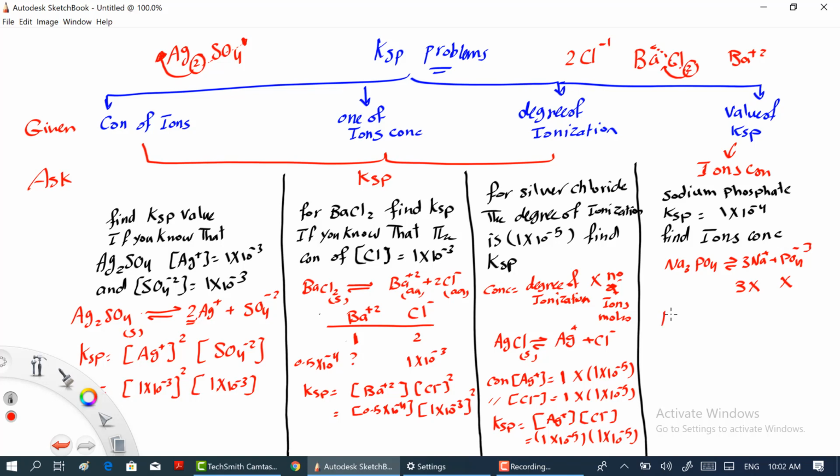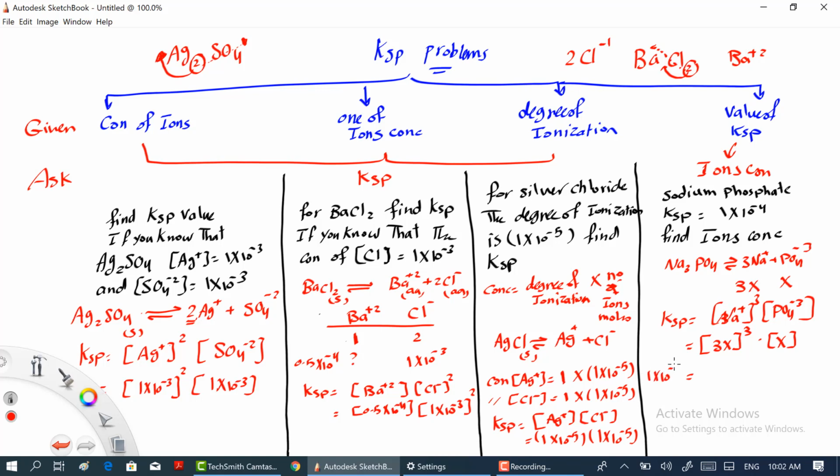In this case, Ksp equals the concentration of the sodium ion to power 3 multiplied by the concentration of phosphate. So it will be 3x to power 3 multiplied by x.